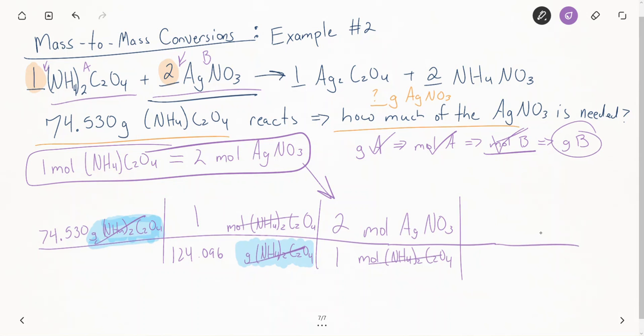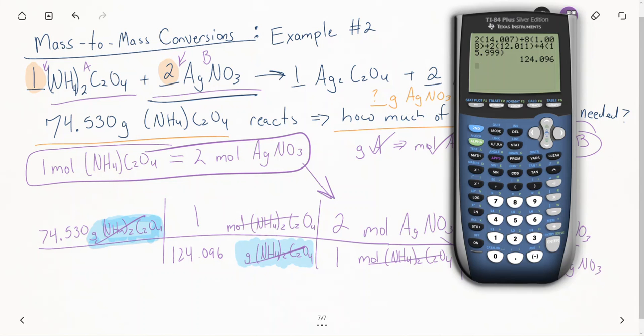We've got to get grams of the silver nitrate. And down here we're going to copy that same unit diagonally. So that's going to be our moles of silver nitrate. And just like before, whenever we have moles and grams or grams and moles, it means it's the molar mass from the periodic table. So I need to quickly hop over to my calculator here, and let's see.